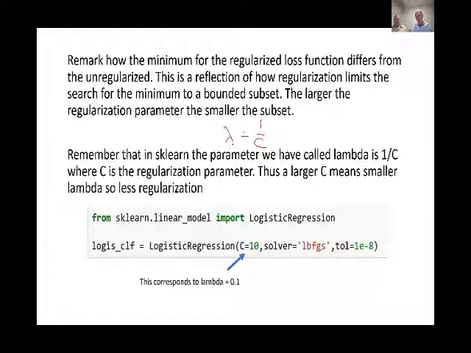A very, very large constant there corresponds to a very, very small regularization parameter. That's something that Adam in particular is really upset about. But that's to make sure that you always regularize, so you should always get a solution in sklearn.